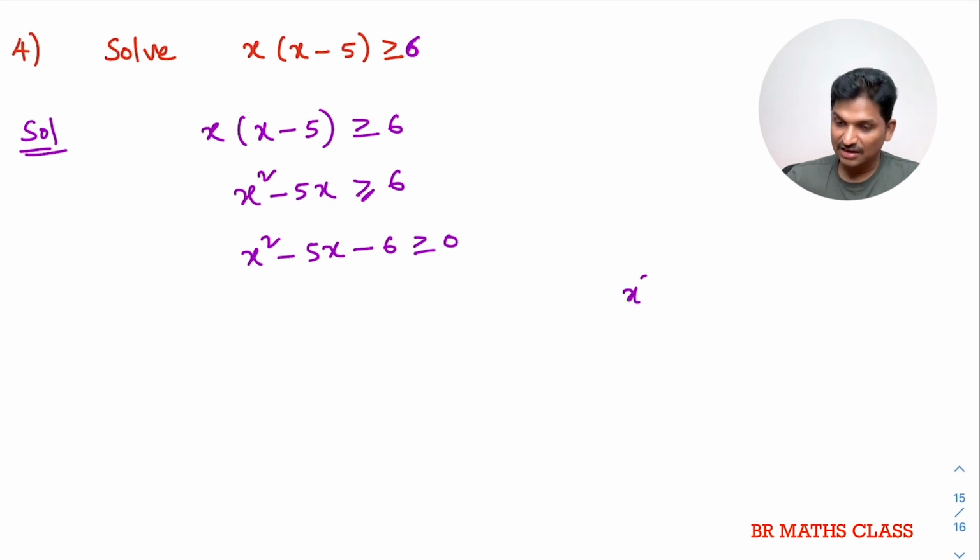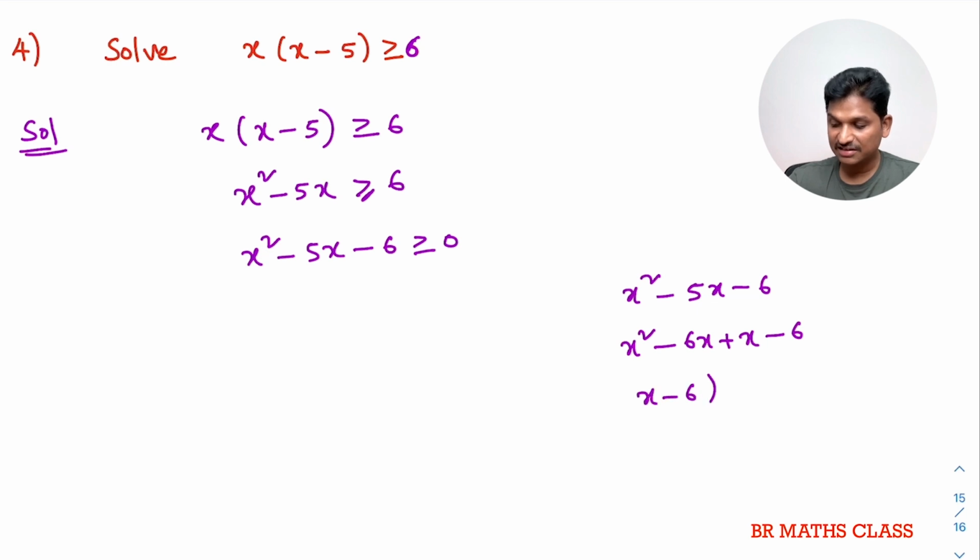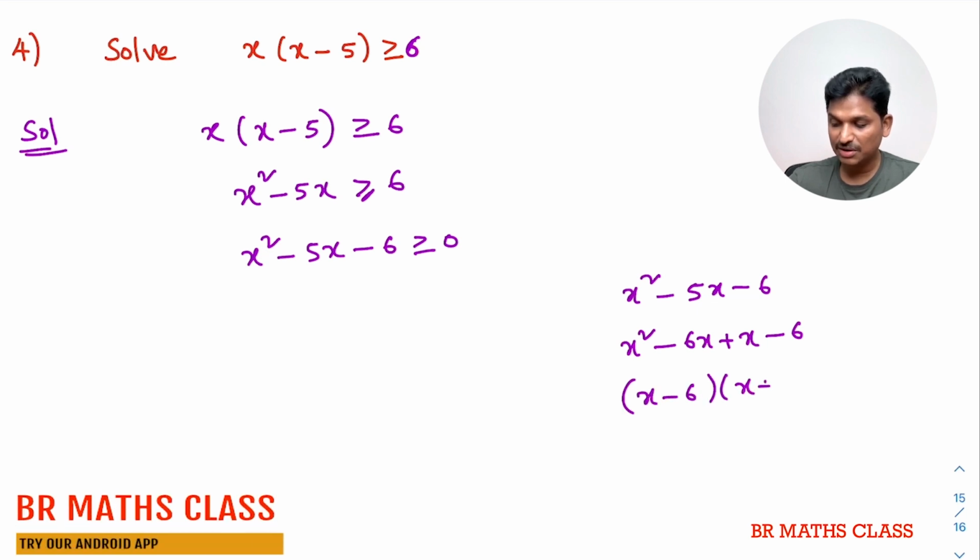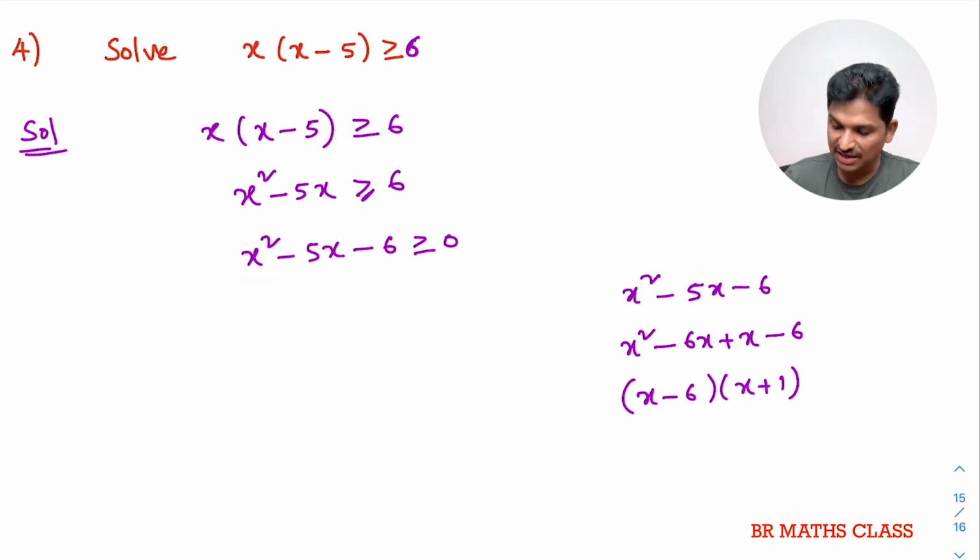Minus 5x can be written as minus 6x plus x. This can be written as x minus 6 into x plus 1 greater than or equal to 0.